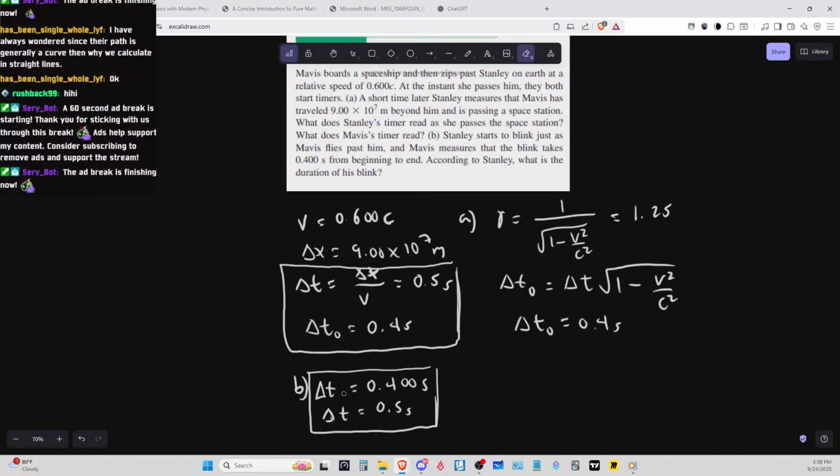So for her, this is her frame of reference, and the proper time depends on who's measuring. So that's something to remember. Then that leaves us with 0.32 seconds.